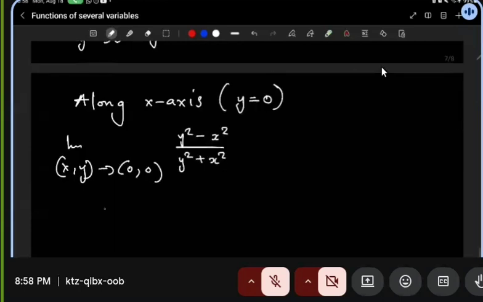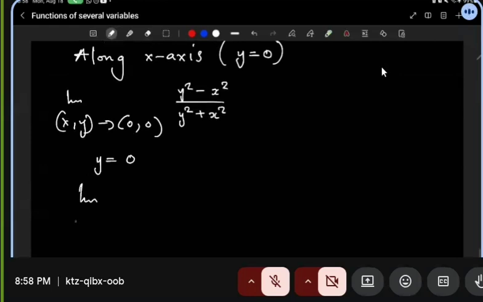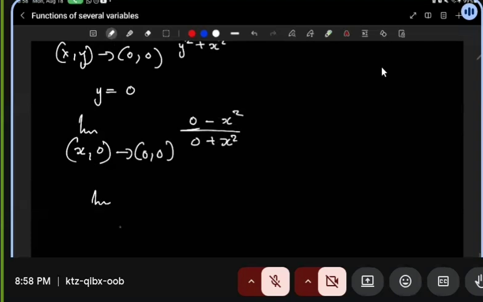But along this line where y is 0, this reduces to the limit of x, 0 approaching 0, 0. So now where there's y, we're putting 0. And notice that in this case, this is the same as writing the limit as x approaching 0, since y is not changing. This will be minus x squared over x squared. Notice that now our answer is negative 1.